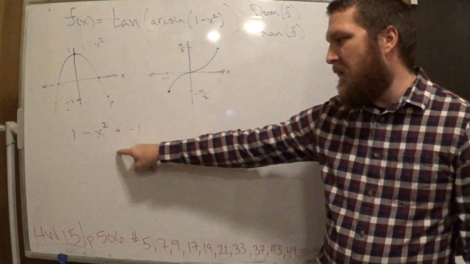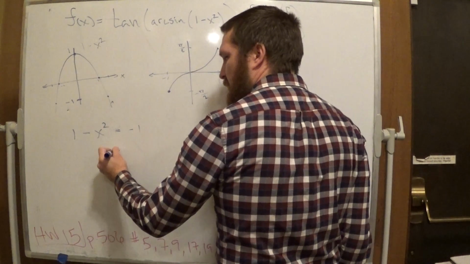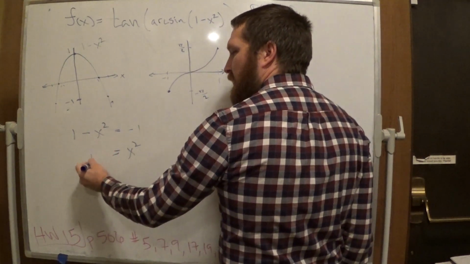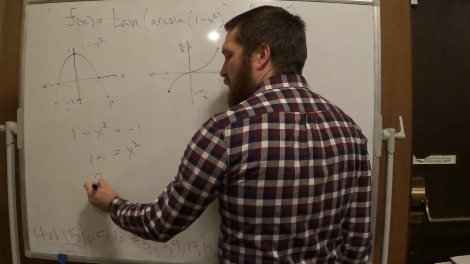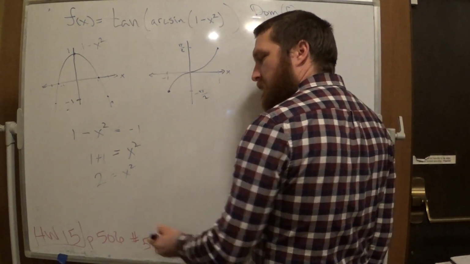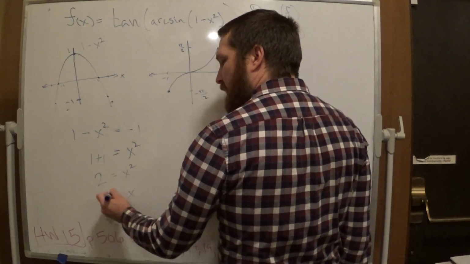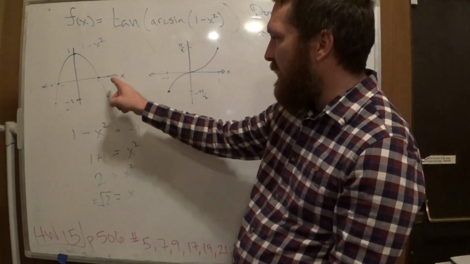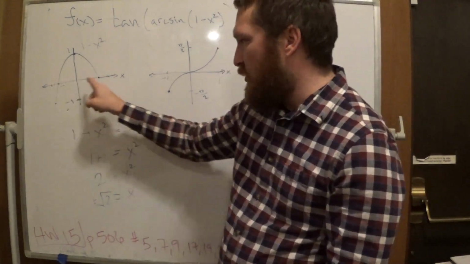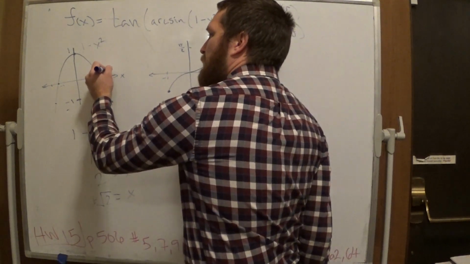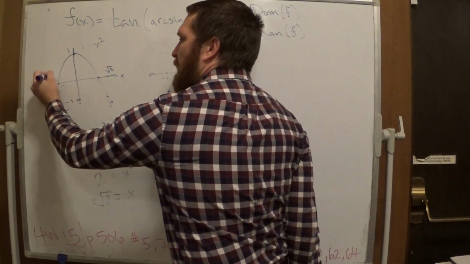So let's bring the x squared over here and add that guy over here. We have 1 plus 1, square root. And check this out. When we take a square root, we get a plus and a minus. And hey, look at that. We can see that there should be 2 places where the output is -1, here at plus root 2, and here at negative root 2.